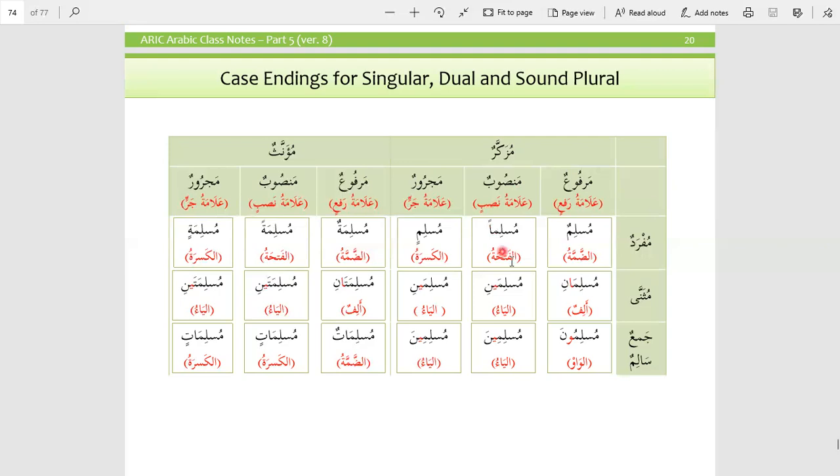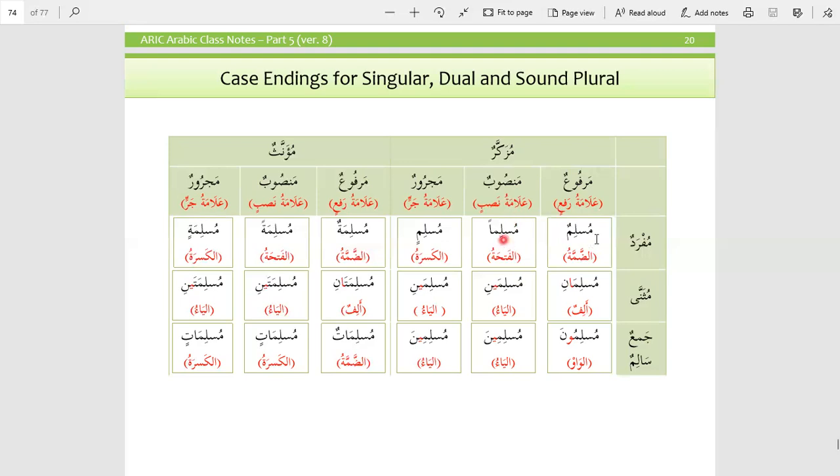When you see a fatha as the case ending of any word, you know this word is in mansubun case. Alamatu nasbin. So when you are asked what this is, you say it's alamatu nasbin, which is mansubun bil fatha, with a fatha.